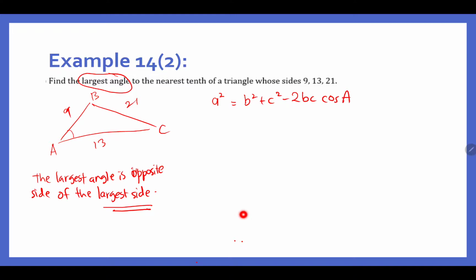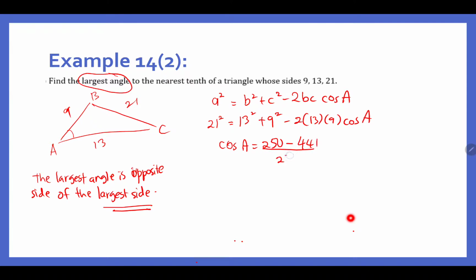Okay, so A square: 21 square equals 13 square plus 9 square minus 2BC cos A. Okay, calculate. We will get cos A equals 250 minus 441 over 234.